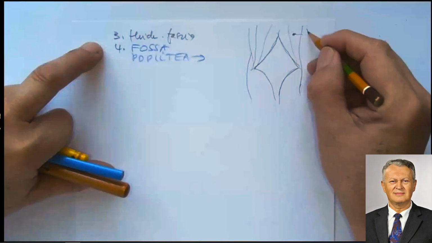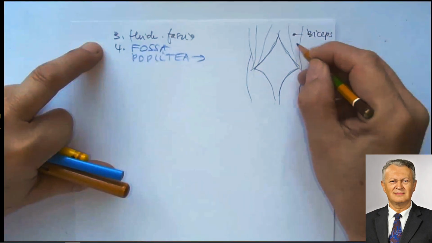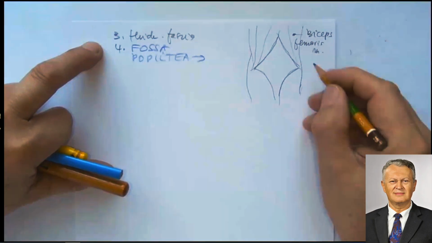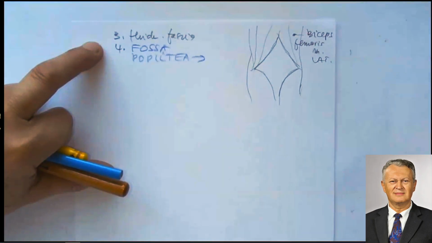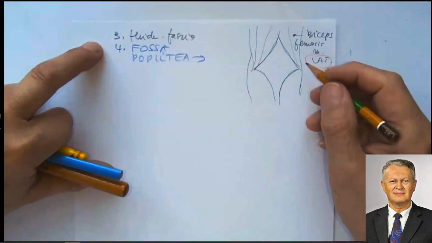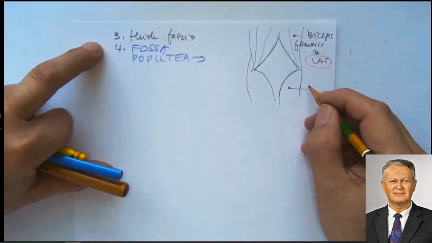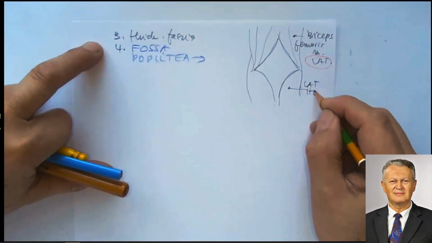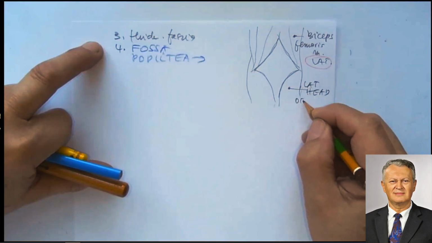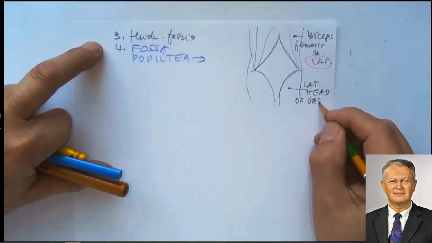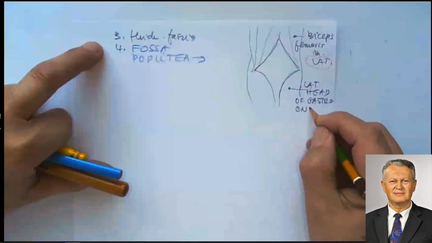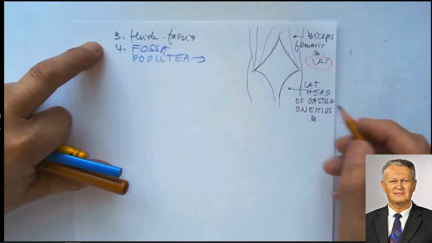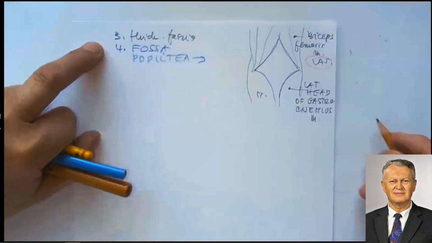Here on the lateral side is the biceps femoris muscle, laterally, just for better orientation. Then here we see the lateral head of the gastrocnemius muscle. This is the medial head, lateral, medial, sufficient.